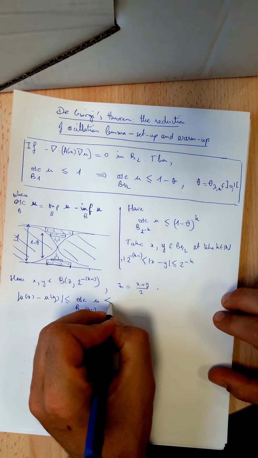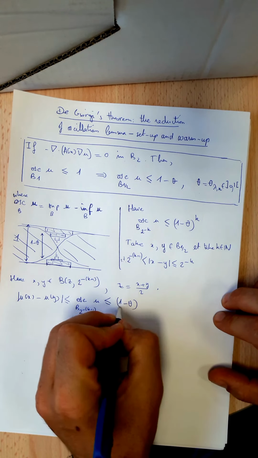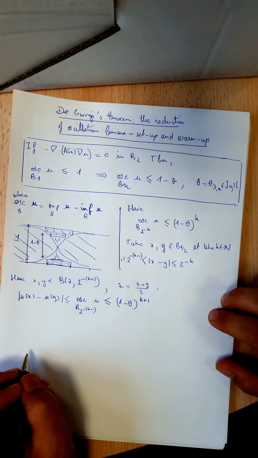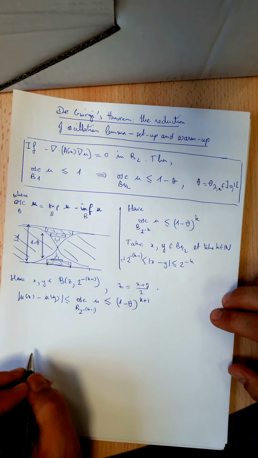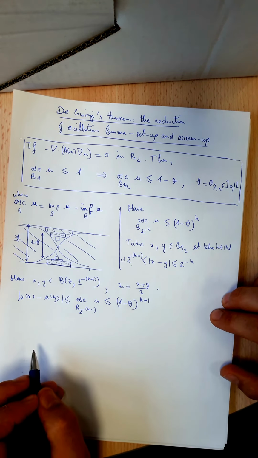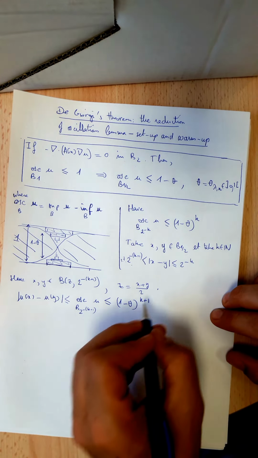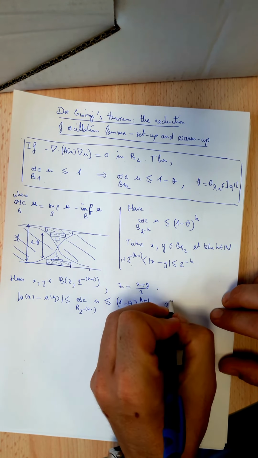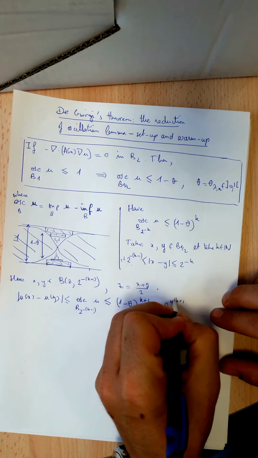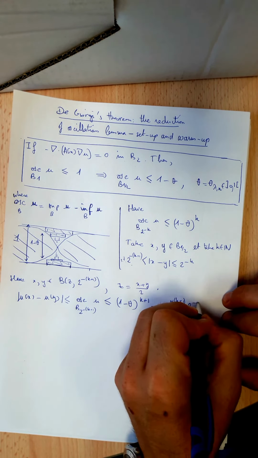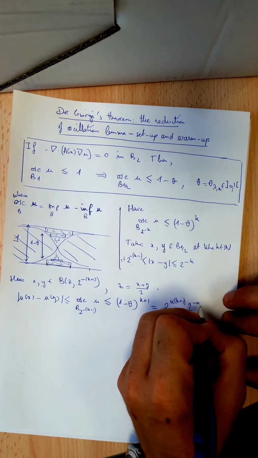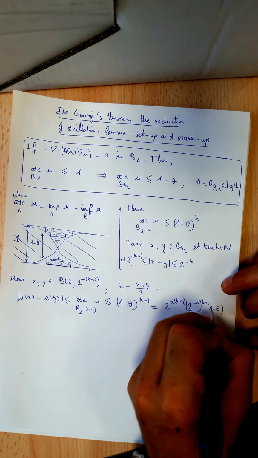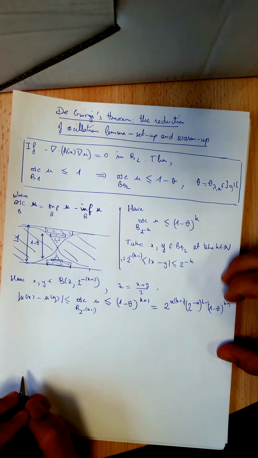And this whole thing, we said, is bounded above by (1 minus theta) to the k plus 1. Okay, so how does this relate to the 2 to the minus k plus 1 that we had here? Well, we can rewrite this as 2 to the alpha (k plus 1) times 2 to the minus alpha (k plus 1) times (1 minus theta) to the k plus 1.